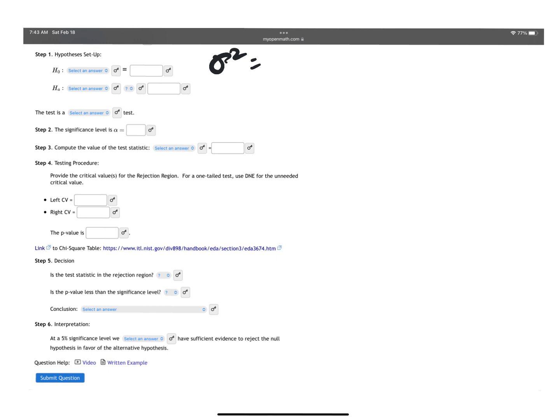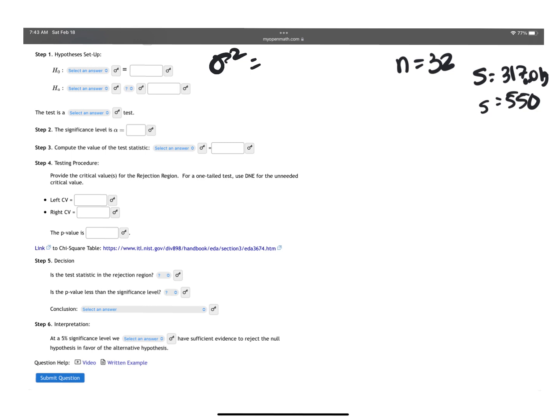For my problem number 8, I'm sorry, the sample was 32 girls, so n is 32, given in the results, and then they gave me the standard deviation for the sample. They want to know, is it the same as boys, which is 550. All right, so this is a chi-squared for variance.